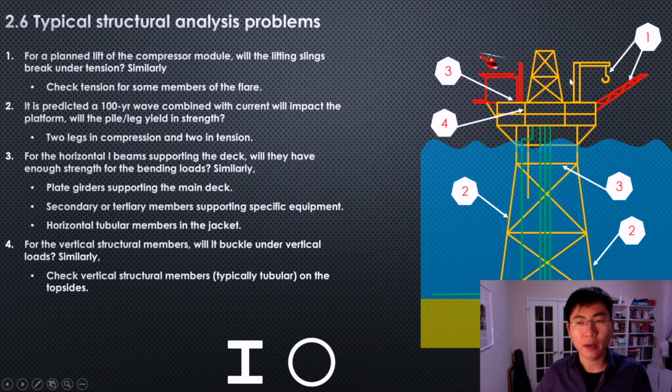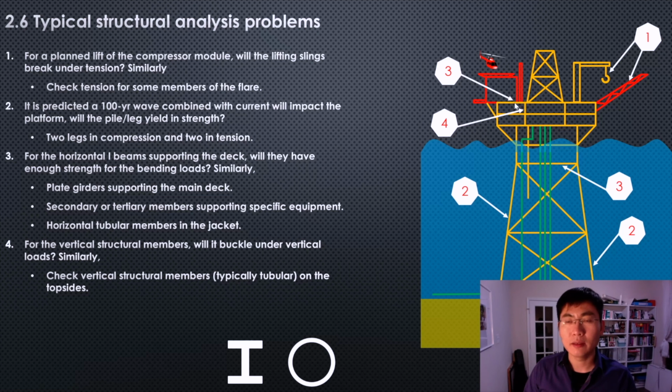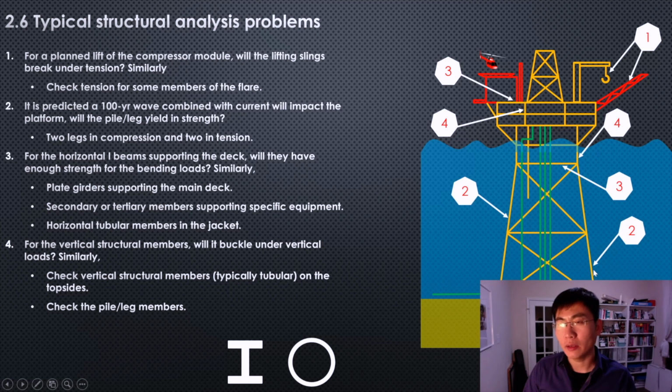The way we work is to assign the boundary condition, understand the braced length, understand the material E and I, and do the calculation to find out whether there will be buckling happening. Similarly, on this compression leg, the failure mode could be that it'll buckle or it'll be overstressed due to compression.